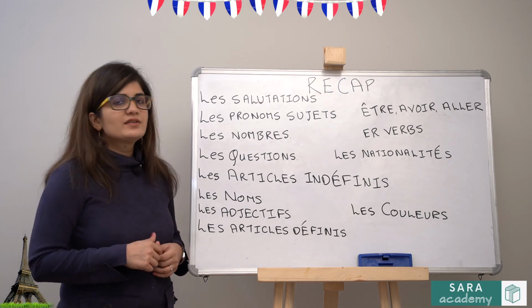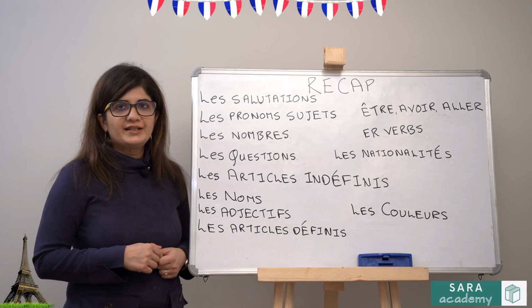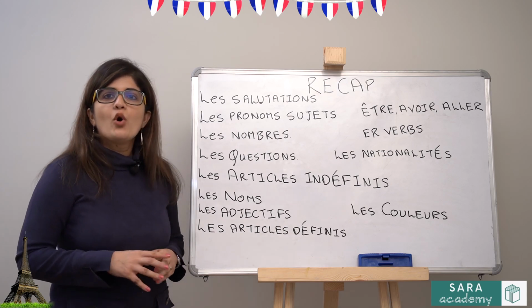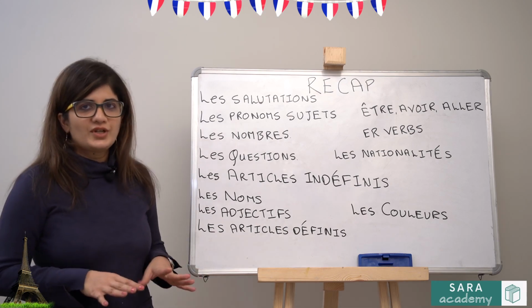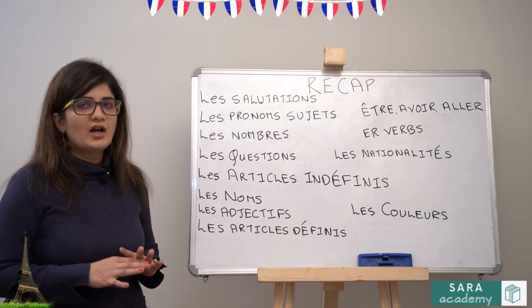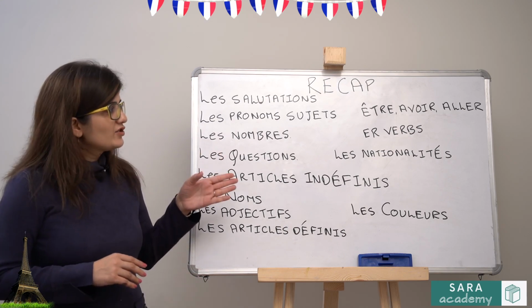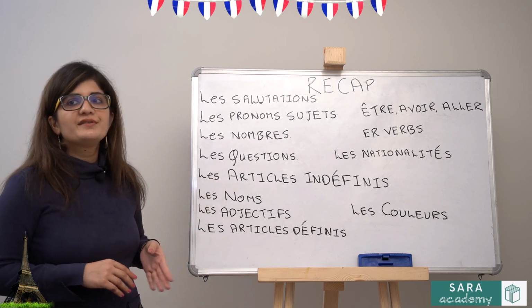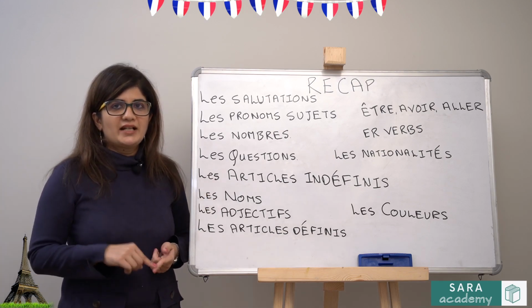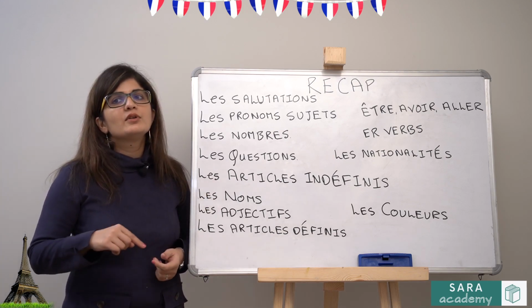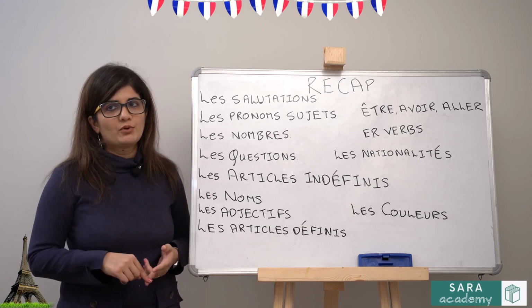The next one that we studied was nationalities. So as we studied, all countries in French have gender. Countries ending with an E are feminine, and nationalities are also like your adjectives. There will be 4 forms to it: masculine singular, feminine singular, masculine plural, feminine plural.